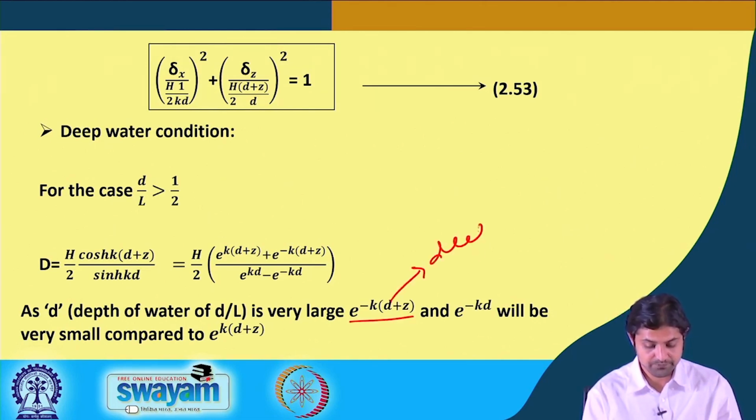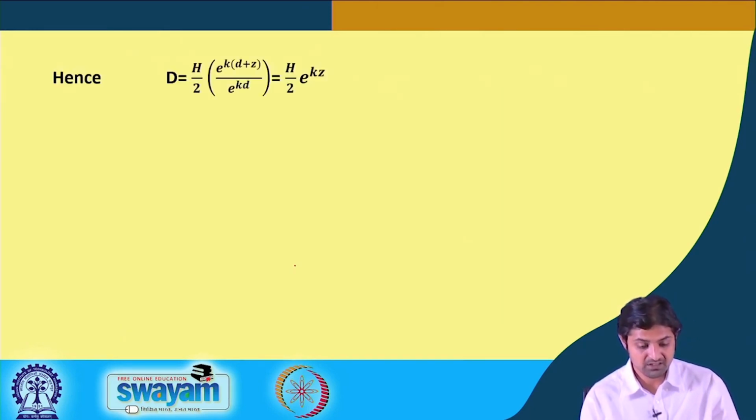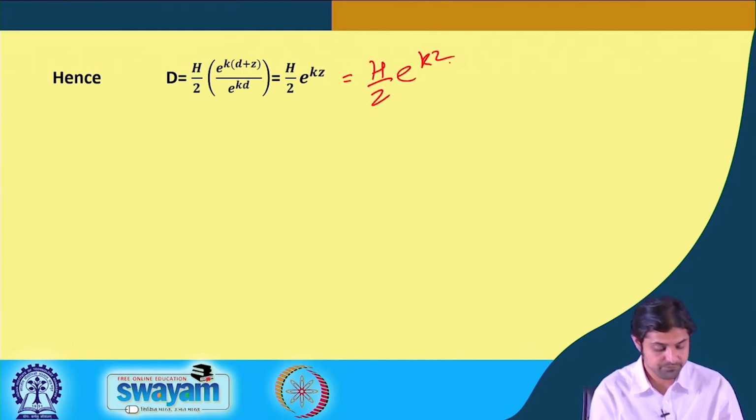So with the minus sign they will be very small compared to e to the power k(d+z). So, this can be taken away, and therefore we can write H by 2 e to the power k(d+z) divided by e to the power kd, and simply H by 2 e to the power kz. Okay.